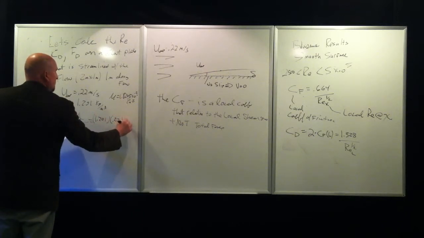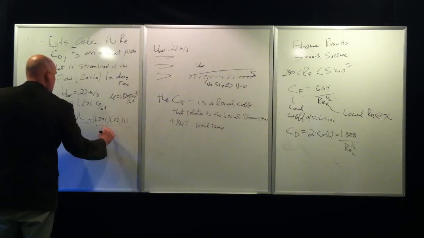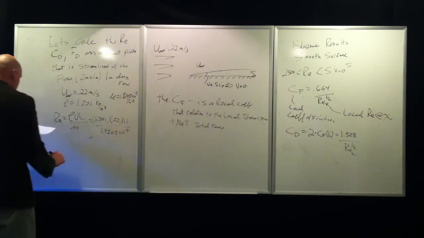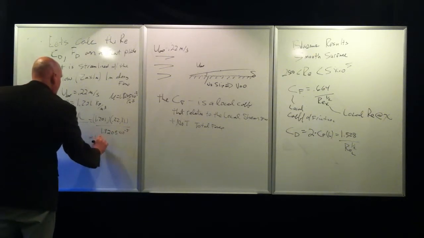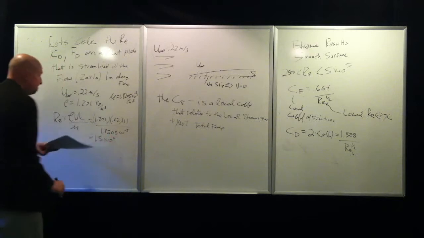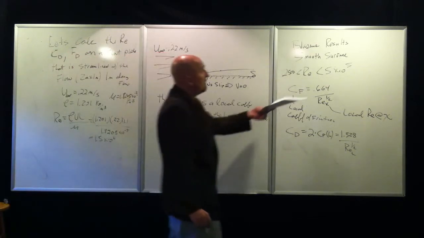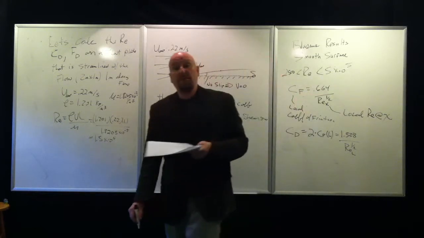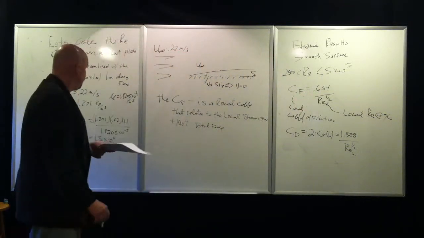The length is going to be 1. That comes up with a Reynolds number of 1.5 times 10 to the fourth. Therefore, the laminar Blasius result is going to be applicable for this case.